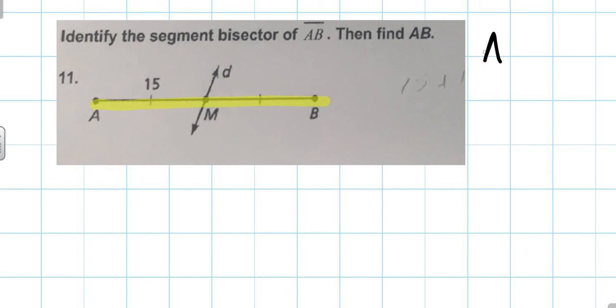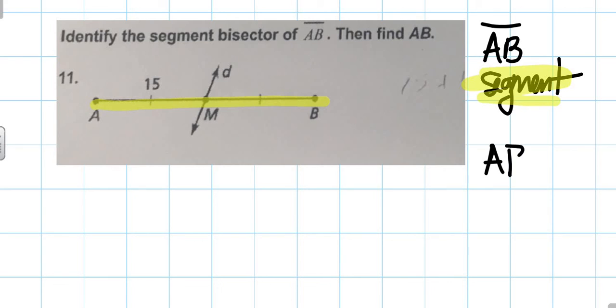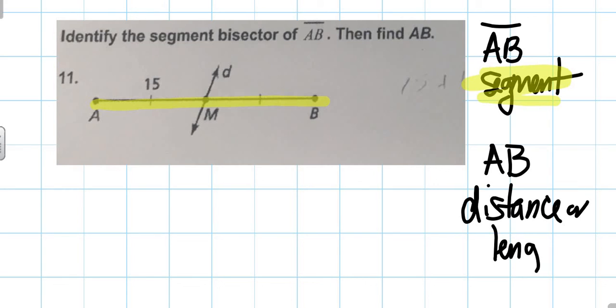When we say segment AB, we're talking about the segment, the physical segment itself, which I just traced. When we say AB without that, it's asking for the distance or length. So notice it says AB. That means we want to find that length.